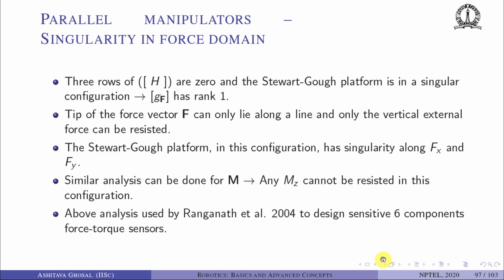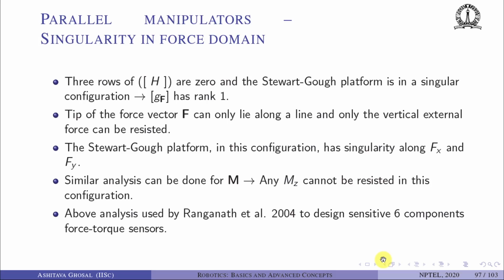Okay, so this kind of analysis was used in a work by one of our PhD students, and he showed how we can design a sensitive Stewart platform. Why? Because if you can make the Stewart platform very close to a singular configuration, a very small force will lead to a very large value of force in the legs.